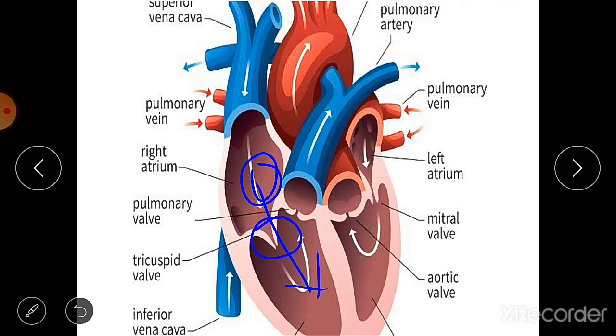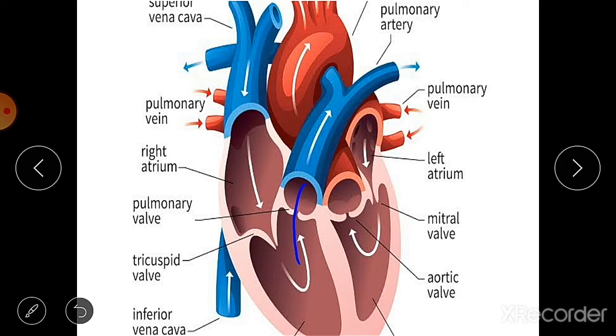This valve closes, and then it prevents the backflow of blood into the atrium. Now from here, this blood is pushed into this vessel. So these valves are there to prevent the backflow of blood.